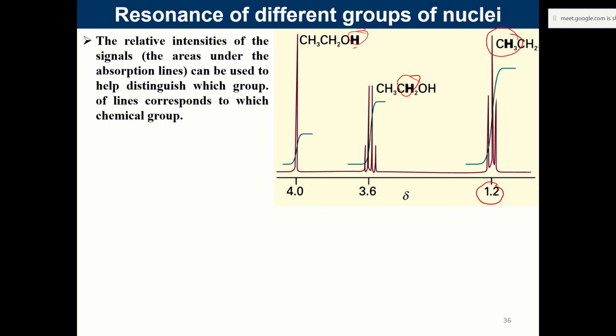The maximum effect is on the proton that is directly bound to oxygen, then the CH2 where oxygen is bound to the carbon and you have two hydrogen atoms, and the least effect is on this CH3, which is two carbons away, on the second carbon, alpha beta. As the distance from the atom increases, the effect becomes less and less.